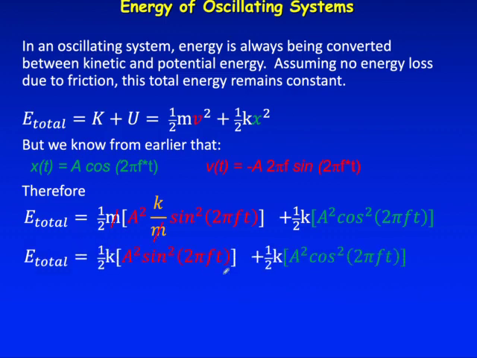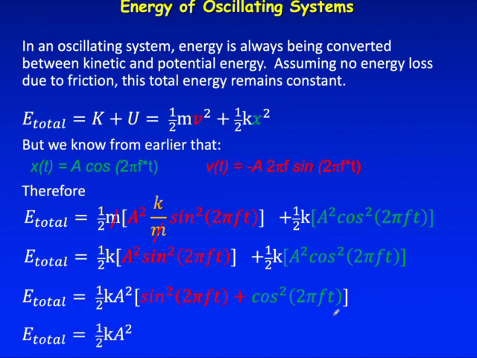Factoring out the k's on both of these, you might recognize, oh, wait a second, I can factor out the A squared out of both of these. And then I end up with sine squared of this plus cosine squared of the same thing, which means sine squared theta plus cosine squared theta is equal to 1. So the total energy of a mass spring oscillator is just equal to 1/2 times the spring constant times its amplitude squared. That is a very useful equation.